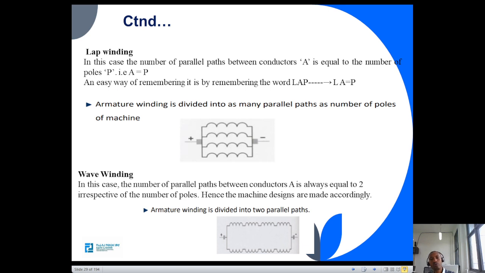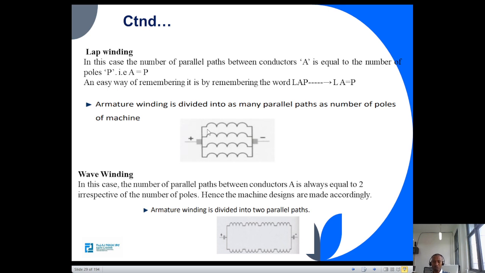When we see what a lap winding is, in such a type of winding the number of parallel paths between conductors, A, is equal to the number of poles. In such a winding in the armature, the windings are connected in parallel, so they will be connected to a brush.